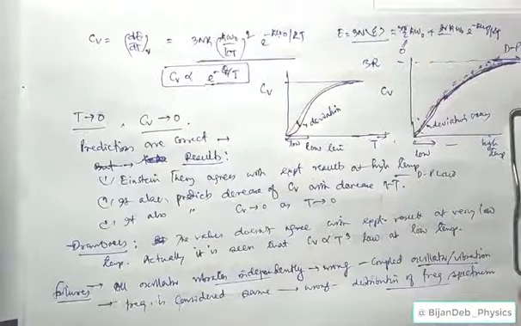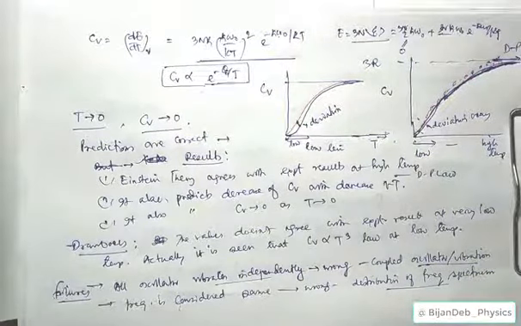These things are taken into consideration further by Debye, and a further improved derivation formula is given for specific heat, which agrees very well with the experimental results at higher, intermediate and lower temperature. There we will find out the Debye T cube law in the next class. Okay, thank you.